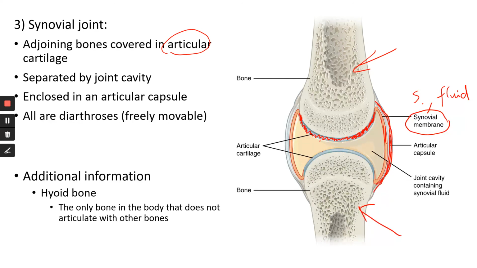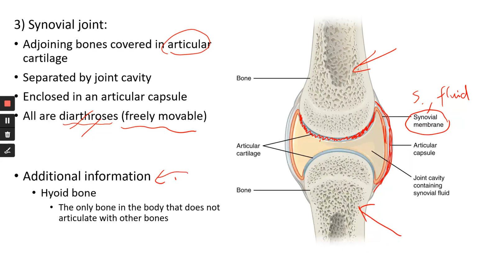Now, all synovial joints are very different from the other two types of joints. They are diarthrosis. Don't worry about the term, but basically it means they're freely movable. You can move your wrist, your elbows, your knees. They're freely movable, with a wide range of motion.